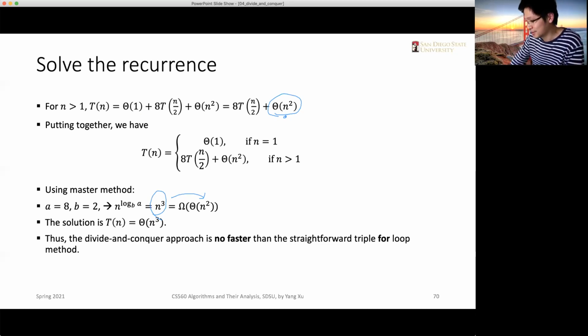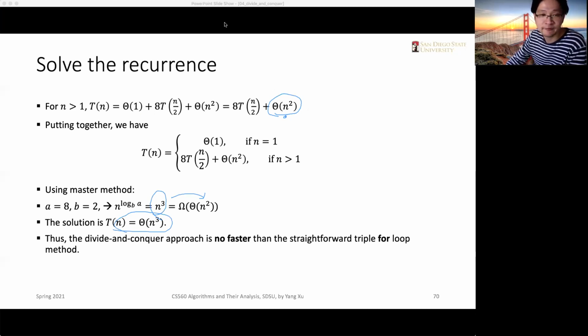The take-home message is that we have spent a lot of time implementing this divide and conquer algorithm in the hope to achieve some better performance than the brute force triple for loop implementation at the beginning, right? But we didn't achieve anything better because the running time is the same as the triple for loops, okay?